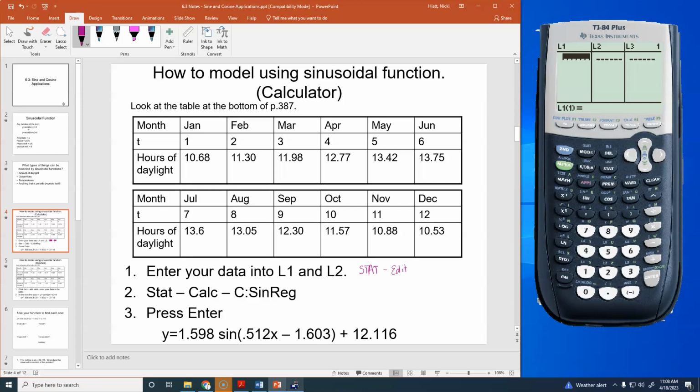And this should get you to a list 1 and a list 2. It is probably blank because we don't use these calculators for this anymore, but it might have some numbers in there. If it does have numbers, you can just hit delete. If you just go to the number and hit delete, it'll clear those out. And so we're going to put our data in here.